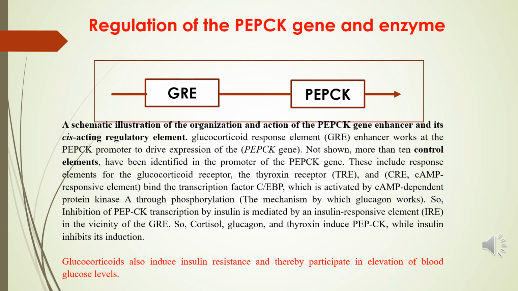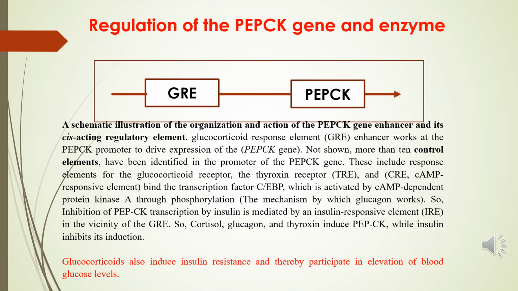In the cell nucleus, cortisol binds to receptors in the cytoplasm and passes to the nucleus, where it binds to the promoter regions of various key enzymes of gluconeogenesis, and this enhances the transcription of these genes.